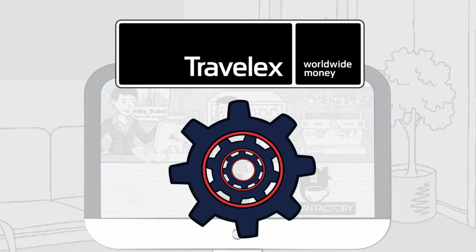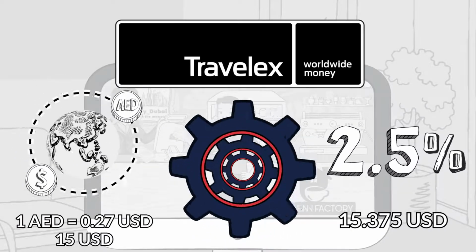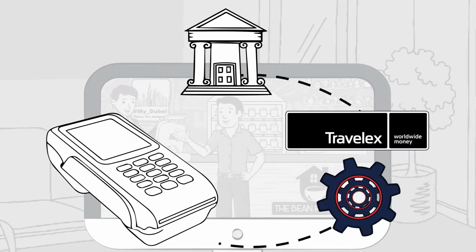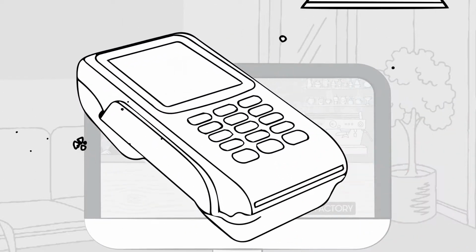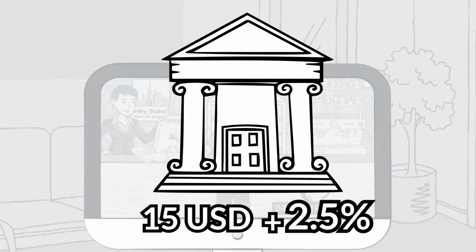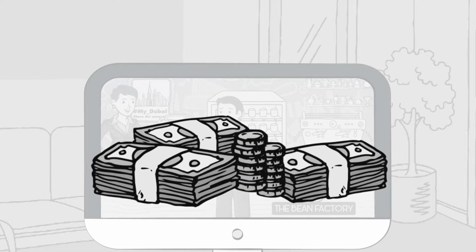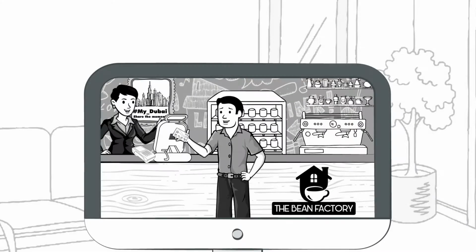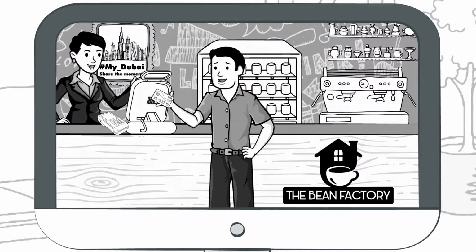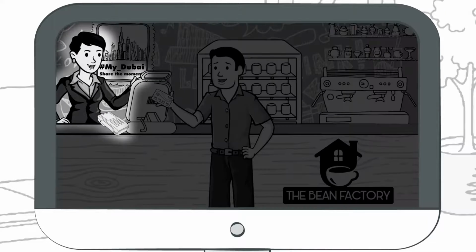In the background, the transaction amount and the new exchange margin were reviewed and sent back by Travelex to the retailer's point-of-sale device. When Adam accepts, the transaction amount plus exchange margin is debited from Adam's account. Then the cafe owner receives a share of that exchange margin amount. The entire process was the same for Adam, with no extra cost to him. But now the cafe has benefited from this transaction.